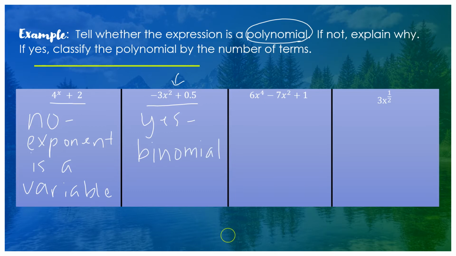All right, example 3, again, exponents have to be whole numbers. So because my exponents are all whole numbers, yes, this is a polynomial. And then because it is 1, 2, 3 terms, I'm going to classify this as a trinomial.